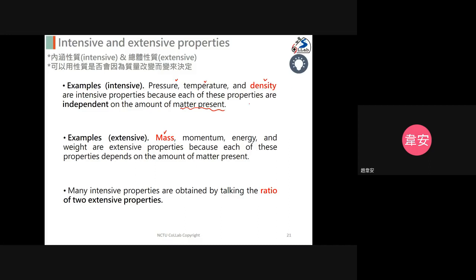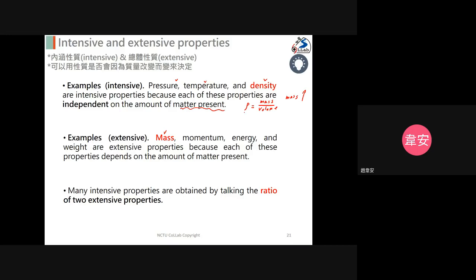So you see the density rho is the mass divided by the volume. If we change the mass, maybe the mass is increased, but the density doesn't change because the volume also increases.